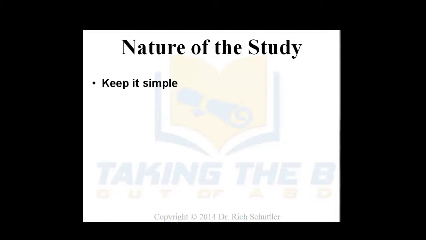One of the most important things I can emphasize at this section of the program is, as you write this section of the nature of the study, to keep it simple. Four paragraphs. You don't have to get overly carried away with adding too much information. Sometimes more is just more, it's not better.